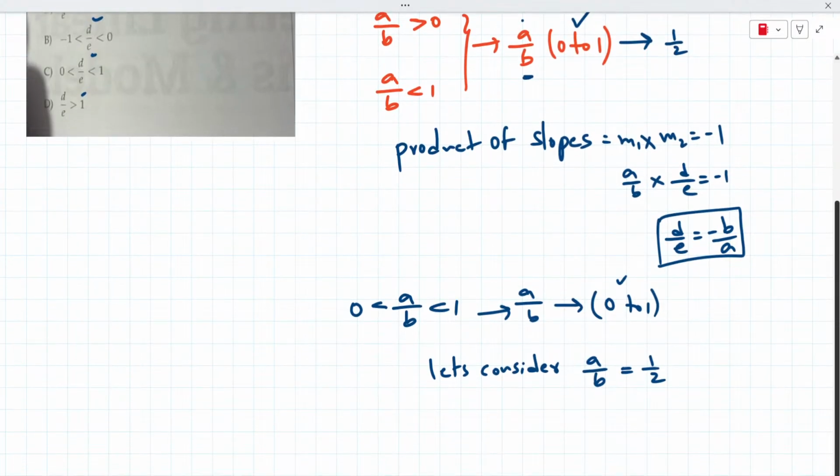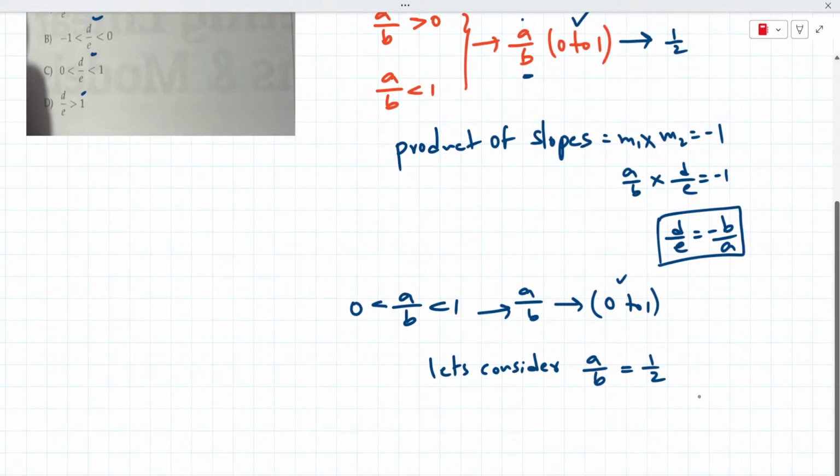So now to get the value of D by E, I can directly use it here itself. This A by B value 1 by 2 times D by E equals -1.